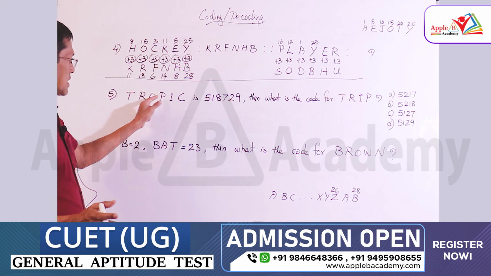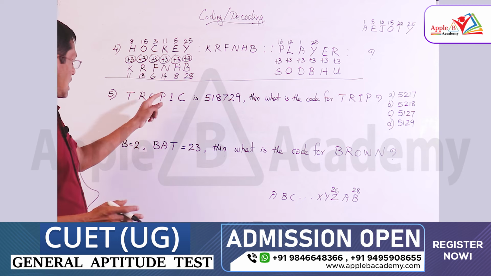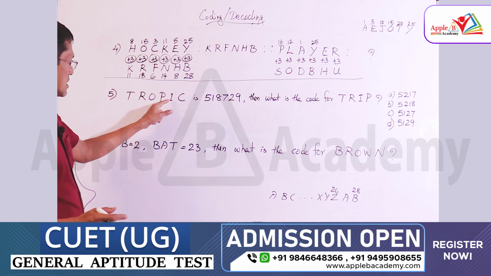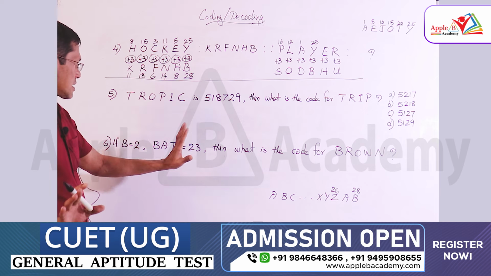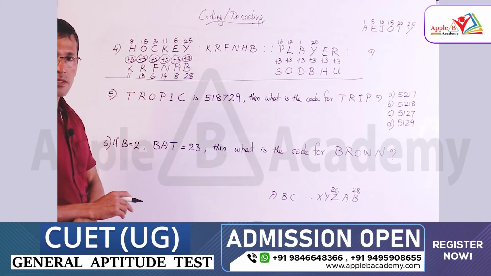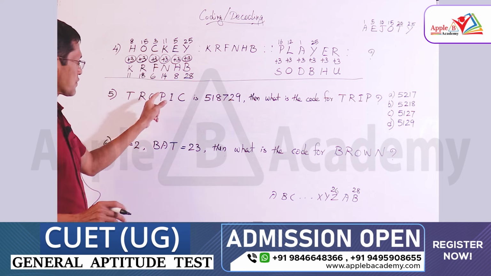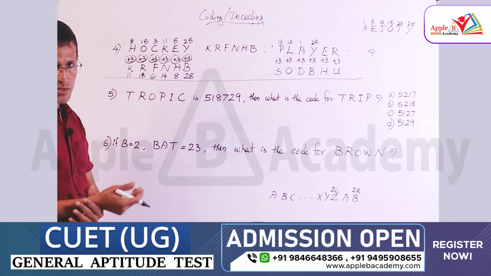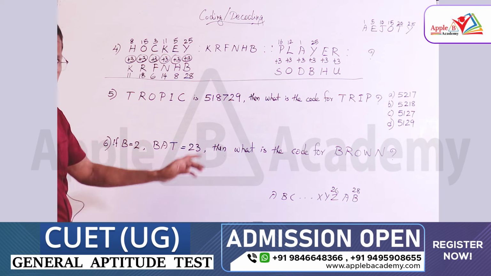However, this is 15. We don't have 15 here. And this is 16, P. We don't have 16 here. Its I is 9. Of course, we have a 9 there. Fine, it's okay. But we have C. We don't have 3 here. That means if the position values of all the letters were here, then it would be position value based coding. But this is not really position value based coding.